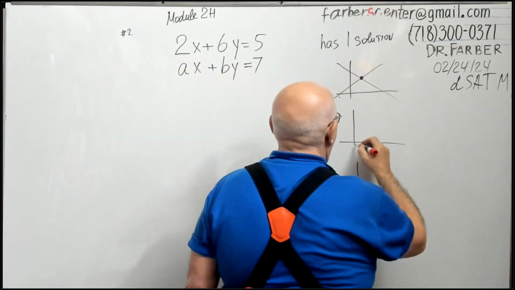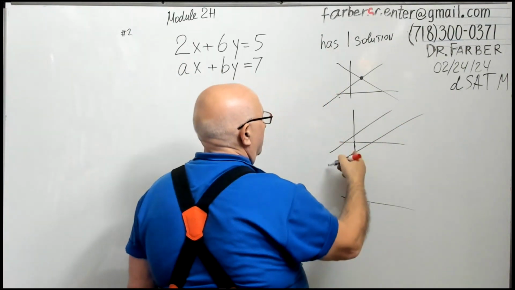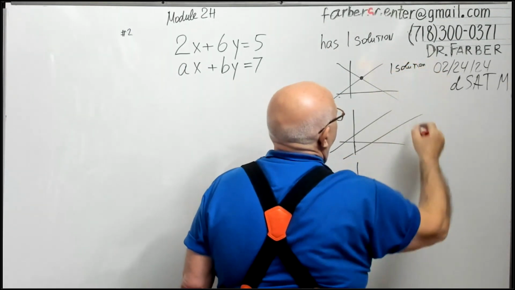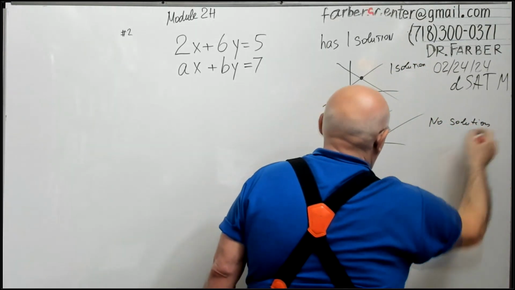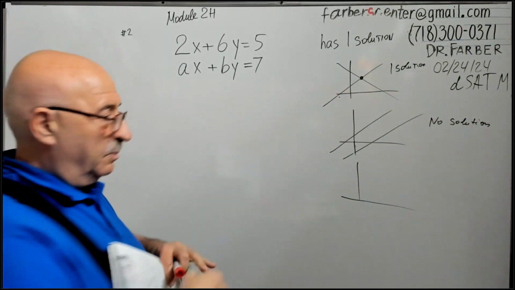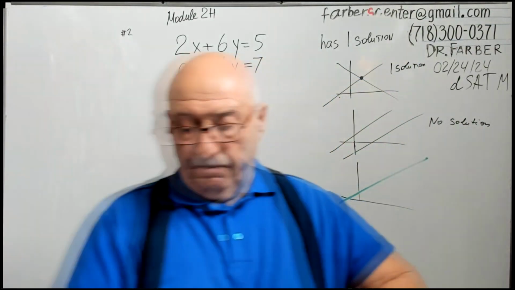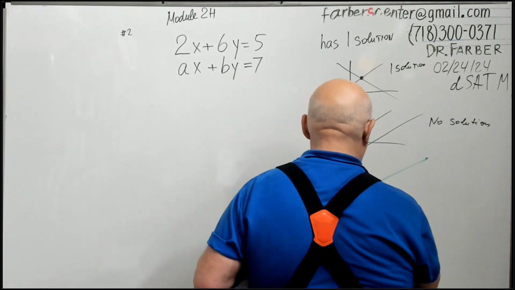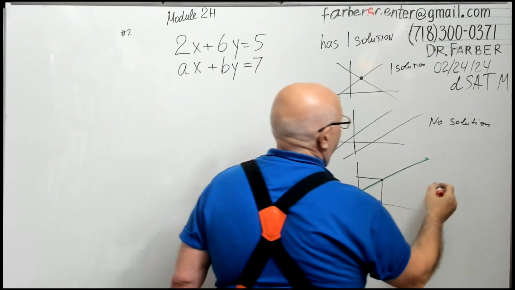The second, when you have parallel lines with different y-intercepts, they have no solution, because they never intersect. And the next one, I take a different color: the second line goes on top of this line. Actually, it's the same line. Any point of one line is a point of the other line. Here, an infinite set of solutions.